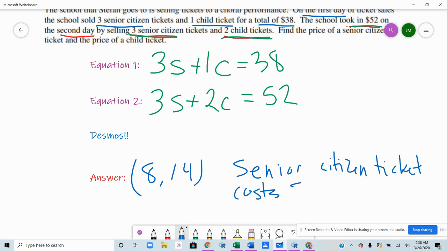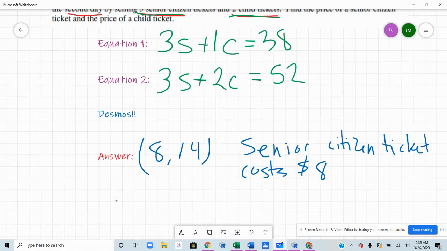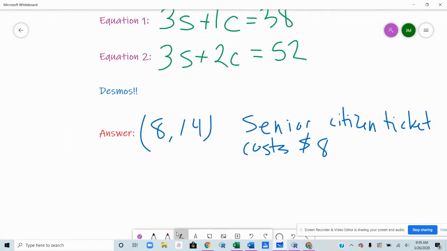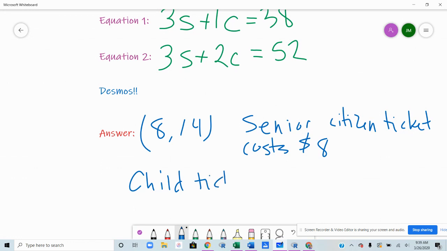So a senior citizen ticket costs $8. And then your child ticket, which was C, which then turned into Y, which is 14, so it costs $14.